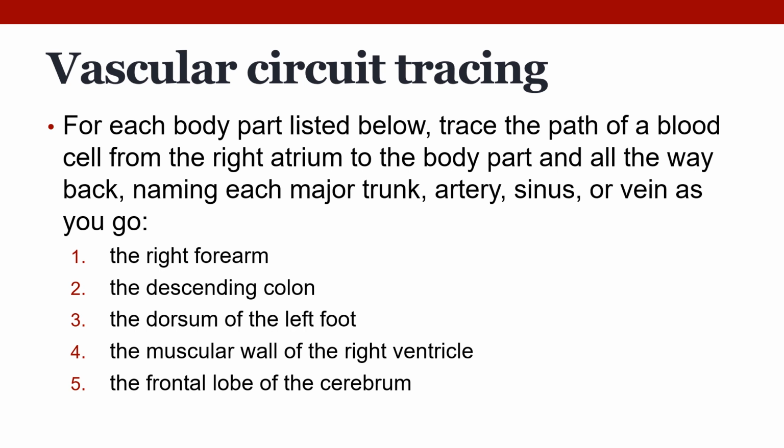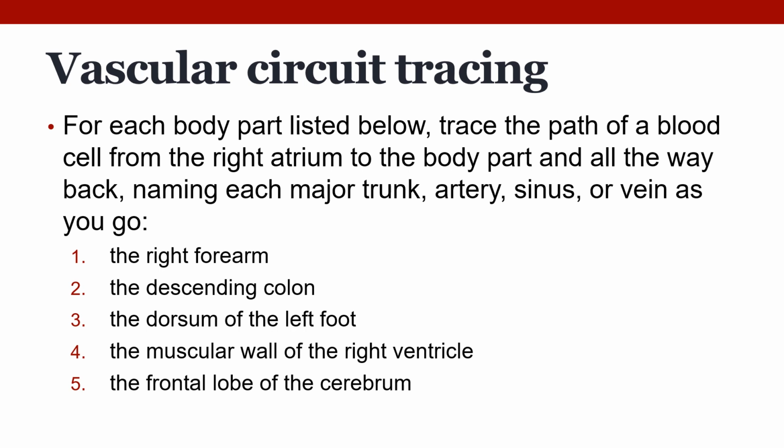What if we add in all of the blood vessels that are necessary to do this? Okay, the right forearm, the descending colon, the dorsum of the left foot, the muscular wall of the right ventricle, the frontal lobe of the cerebrum. What if we traced the blood all the way to one of those things and then all the way back to the heart?